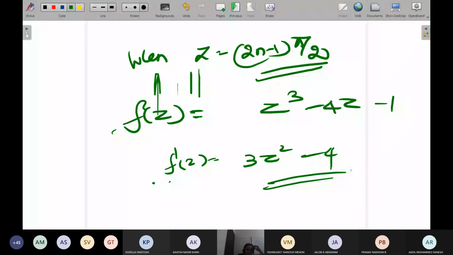We are not equating it to 0, dear. Whatever the values of z, the function will exist because you have 3z square minus 4. So therefore, the function is analytic everywhere. Simply write down, the function is analytic everywhere.